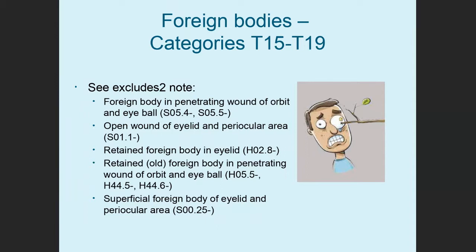Retained foreign body and penetrating wound of orbit and eyeball, and superficial foreign body of eyelid and periocular area. So for example, for foreign bodies in the cornea of the right eye and also in the eyelid, you report T15.01XA for the cornea and S00.251A for the eyelid. So the instructions are saying report both.